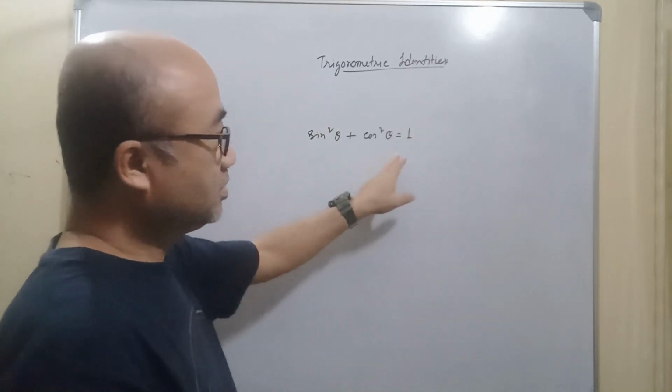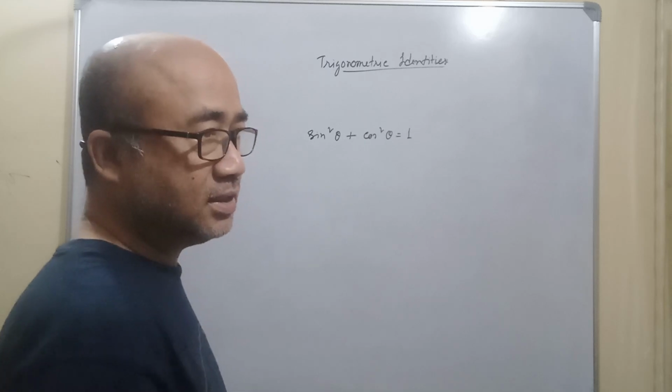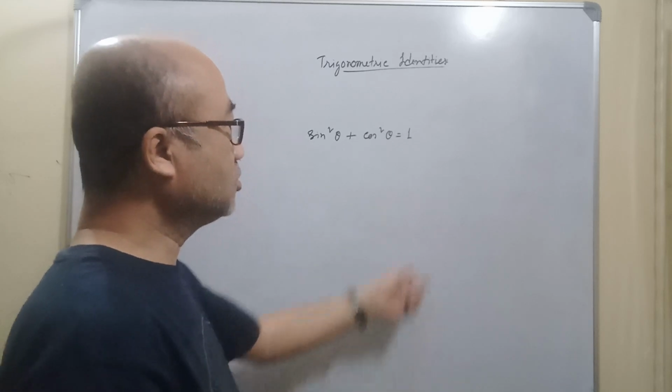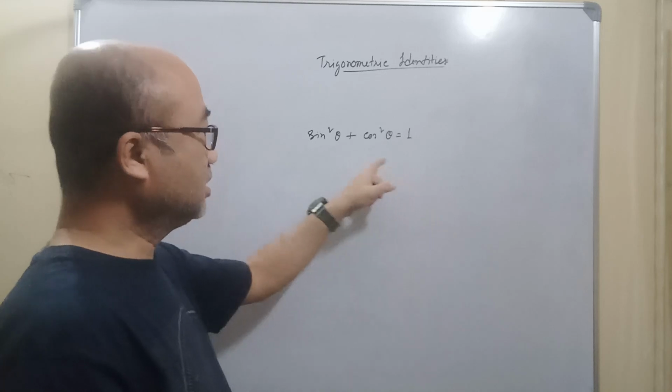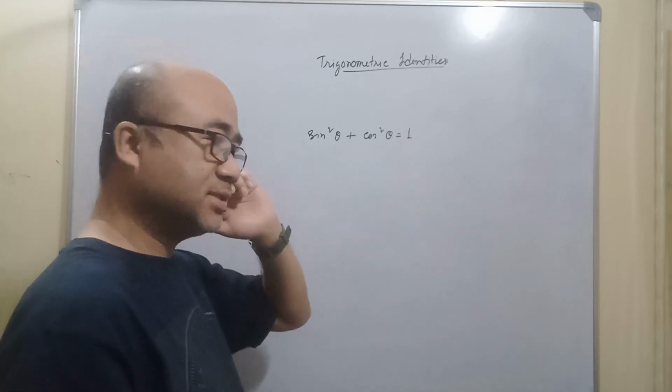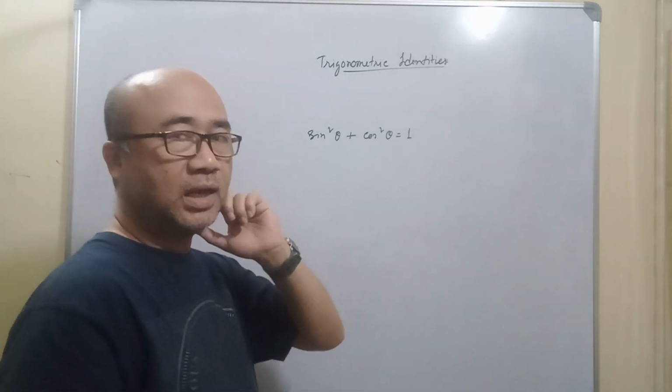This is a trigonometric identity. It is also an equation, but such type of equations are called trigonometric identities.